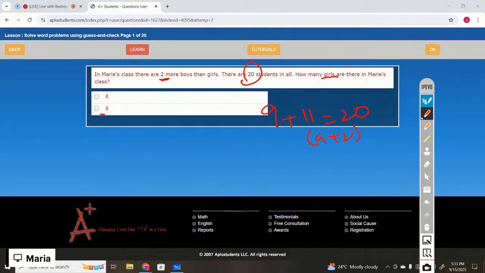So girls are 9. Option number 2 is the correct option.